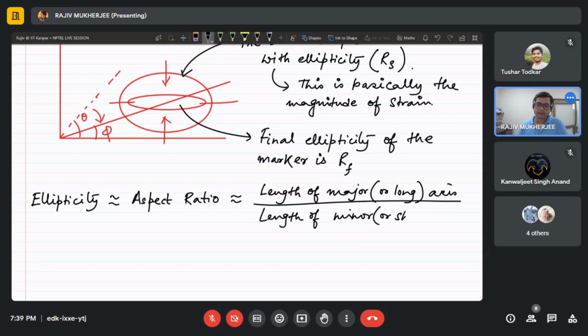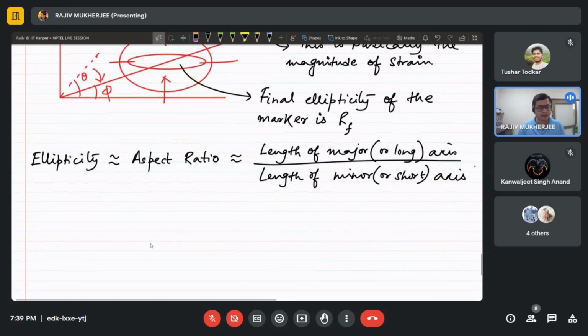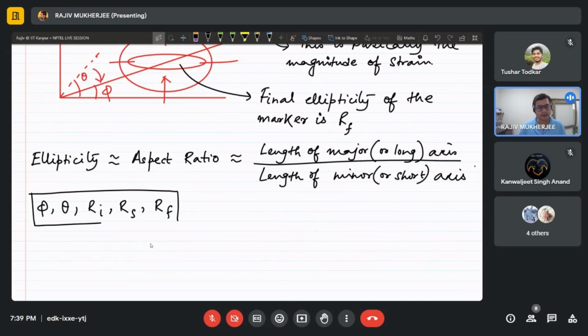Therefore we can see that there are several parameters to play with. We have phi, we have theta, we have Ri, we have Rs, and we have Rf. So using all these strain parameters, we can actually have an estimation of the amount of strain, right?